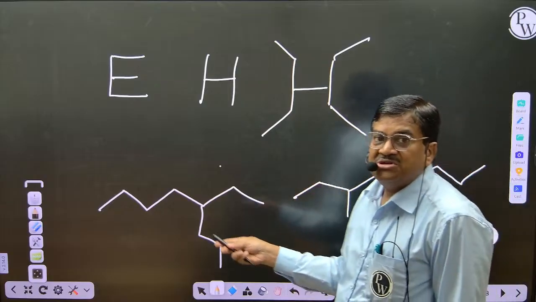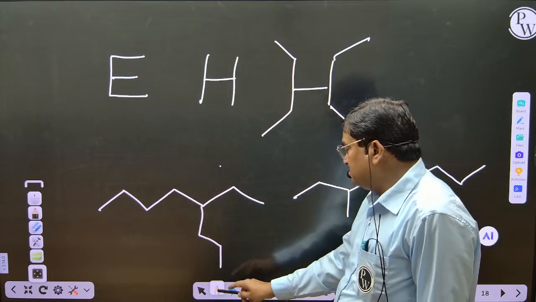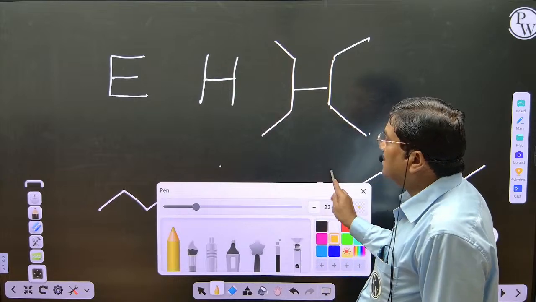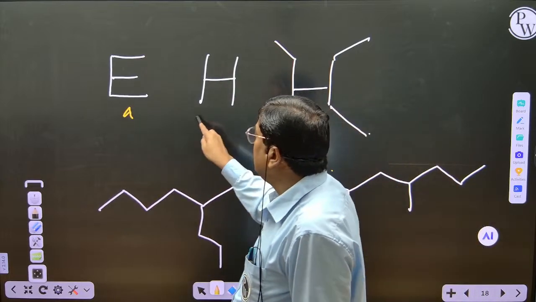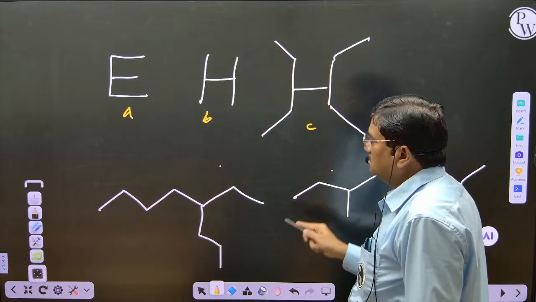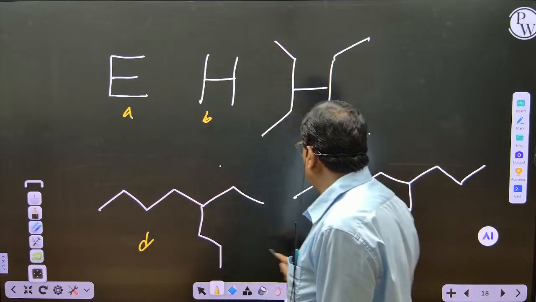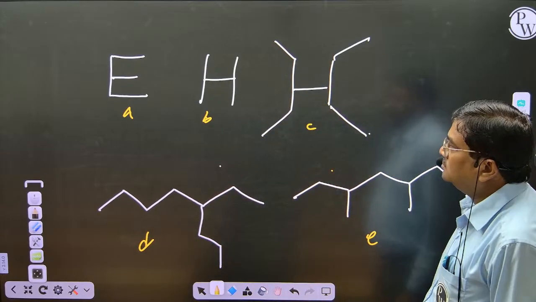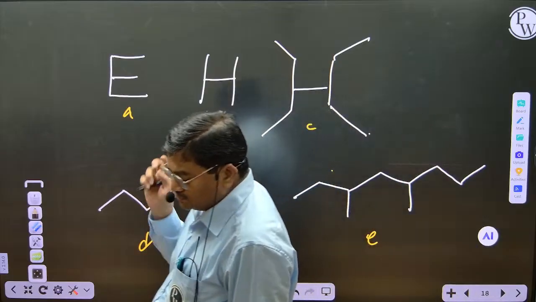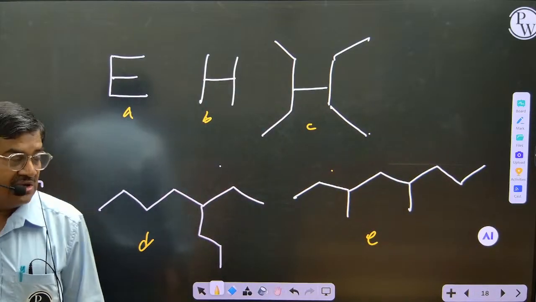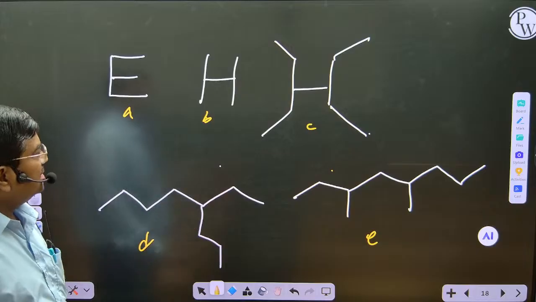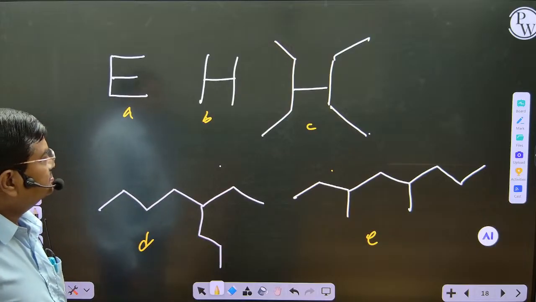For these compounds, write names. I will wait for 2 minutes. Think over, write names for A, B, C, D, E. Put it on paper, think over what names you give for these compounds A, B, C, D, E.